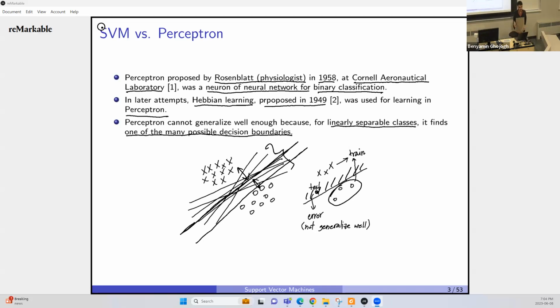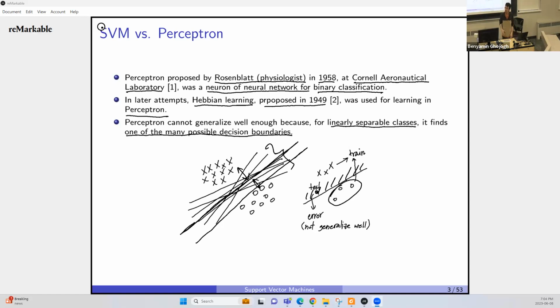They said, let's find some decision boundary, assuming that the classes are linearly separable, which partitions the space into two parts where we don't have any misclassification. Depending on the random initialization that we choose, we might end up with different decision boundaries.